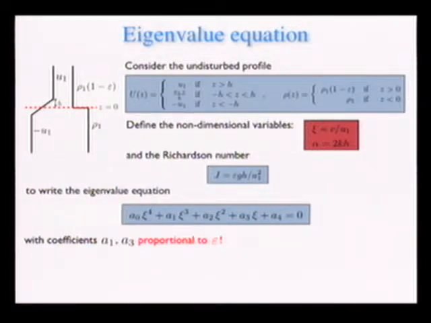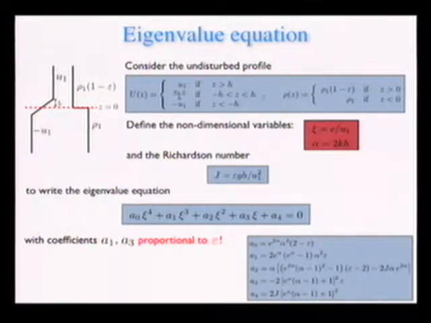And this gives you exactly this dispersion relation, which is very particular because, for example, A1 and A3 are proportional to this density increment. And because they are proportional, we could say the following: instead of working with a quartic, let's just work with the biquadratic form, which is easier to solve, right?